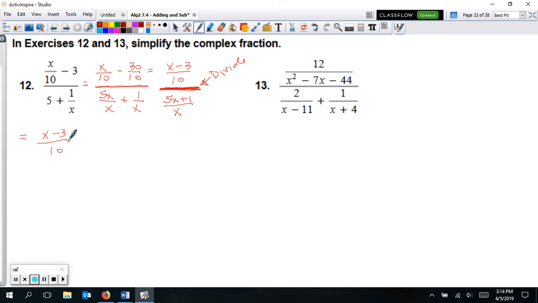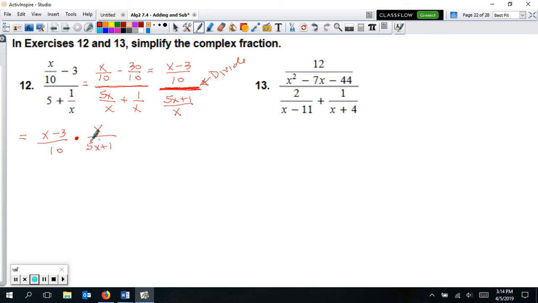Now you can write the division down, or you can just say I'm going to multiply by the reciprocal here. This is this divided by this. So if I change it to times, we can now just say the reciprocal of the denominator fraction, which now is going to be x over 5x plus 1. So we can just do that real quick. That saves us a little bit of time instead of having to write the division sign down. I mean, you can. 5x plus 1 is on the bottom.